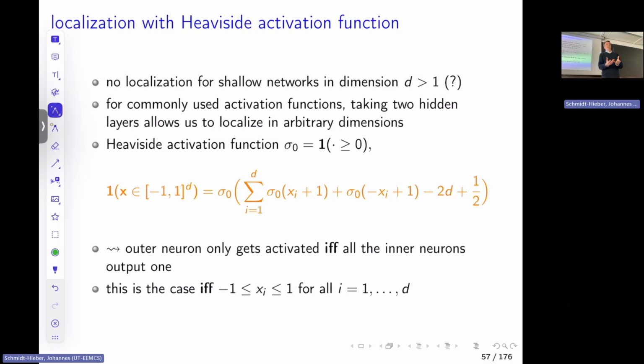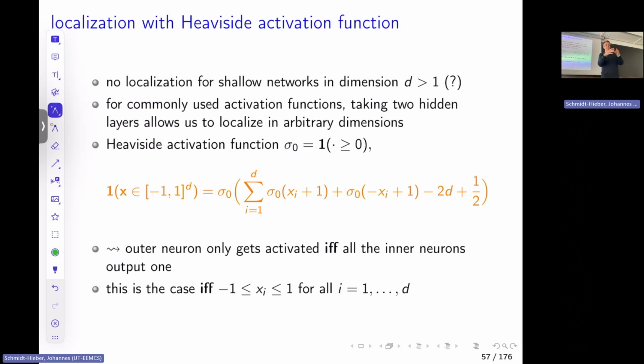Although in the bulk you can approximate very, very well, these networks are non-local, so they will always have an effect very far away from where they should approximate something.